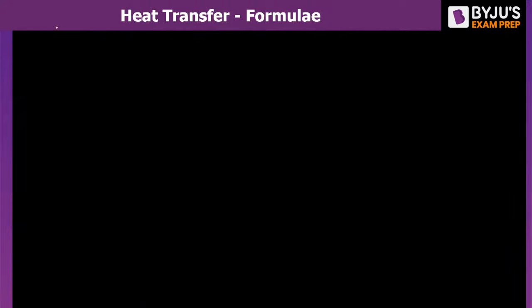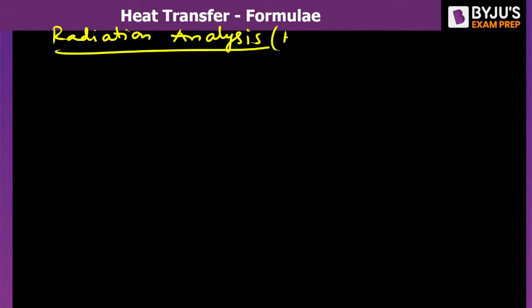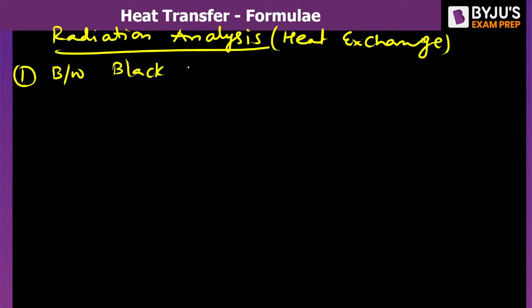And the next is the radiation analysis. The last part is radiation analysis or radiation heat exchange between two or more bodies. Between black bodies, this is analyzed by circuit diagram, electrical analogy.